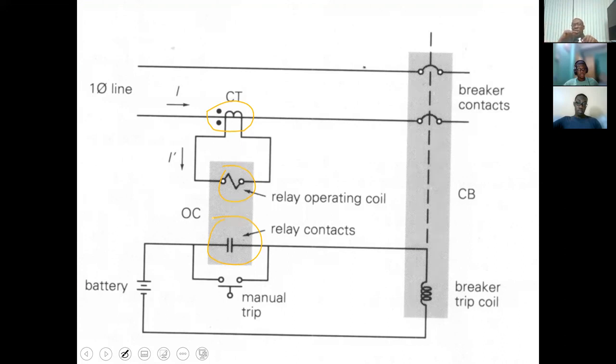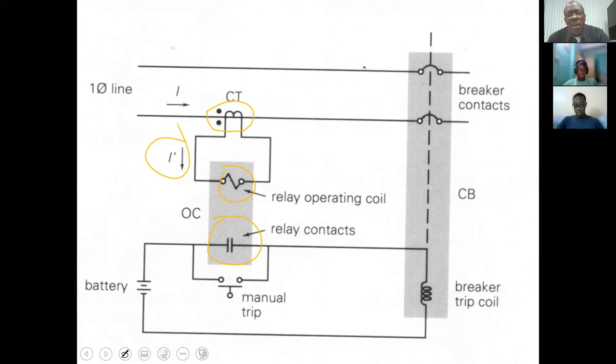So we have there normally open contact, which means that in the de-energized state, before the relay operates, it is open. Once the relay is energized, once it goes beyond the pickup current, then the relay is going to operate.